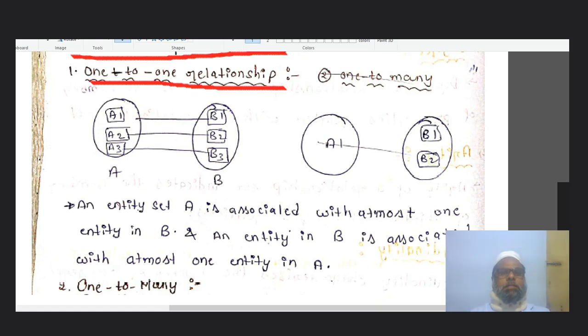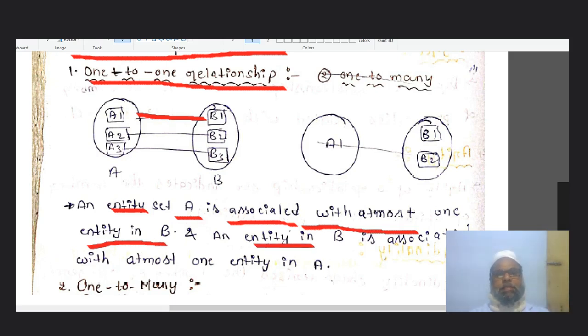In a one-to-one relationship, an entity in A is associated with at most one entity in B, and an entity in B is associated with at most one entity in A. So that is a one-to-one relationship.